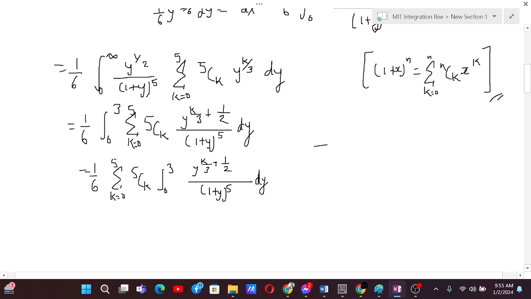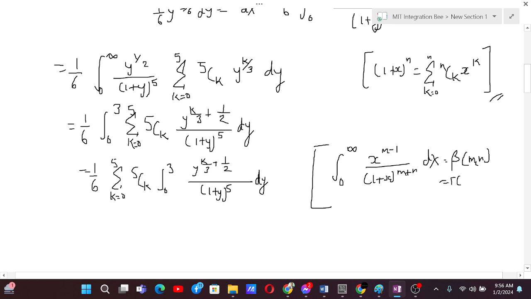Now the formula is integral from 0 to infinity of x to the power m minus 1 over 1 plus x to the power m plus n dx. This is equal to beta of m comma n, and beta of m comma n is equal to gamma m gamma n by gamma m plus n.